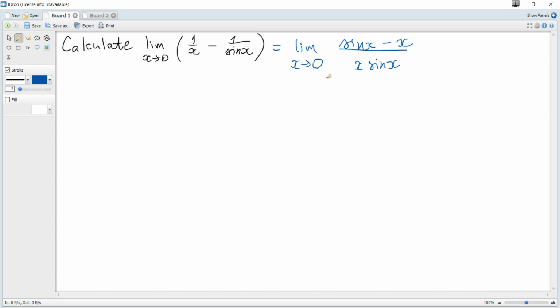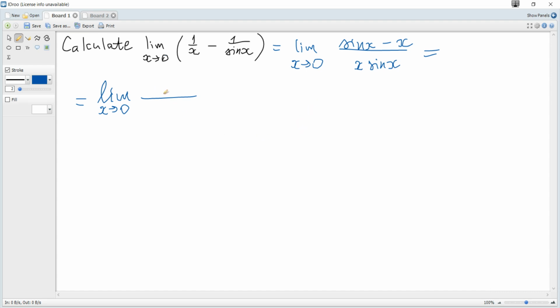And now if we substitute 0 for x, we get 0 minus 0, which is 0, divided by 0, so it's 0 over 0. So we can apply L'Hopital's rule, and it says that this limit is equal to the limit of the derivative of the numerator divided by the derivative of the denominator.